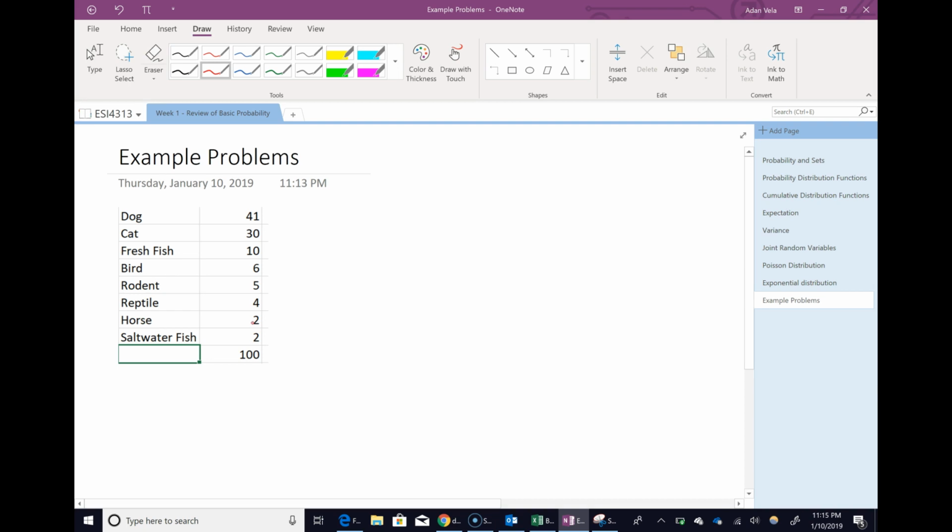So for starters, here goes the distribution. If we want to draw a PDF of this distribution, we'd have dog, cat, fish, bird, and so forth.